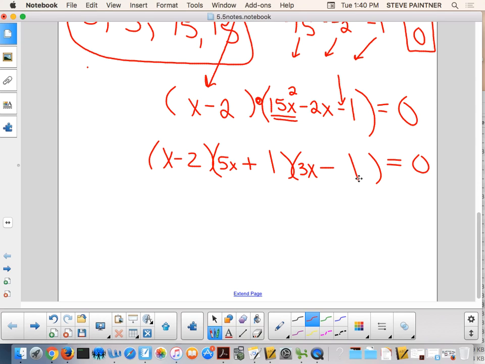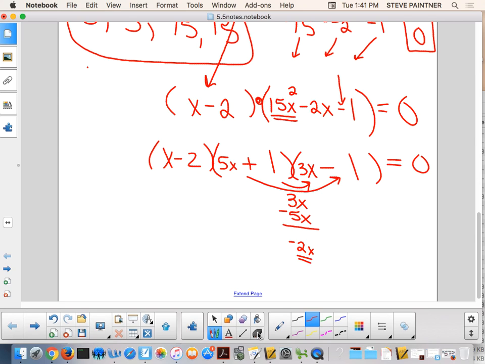Does it work? Inner is what? Outer is what? 5. What does that add up to? Negative 2x, positive 2. No. That's negative. Change the sign. Yeah, that's it. You guys, if you get what you're looking for, you're done. But if I would have got a positive 2 there, switch the signs and I got it.